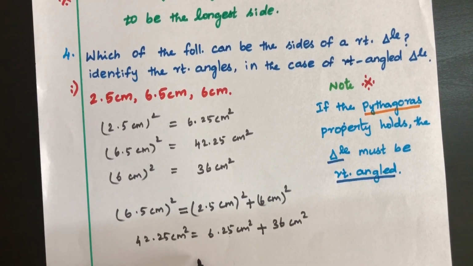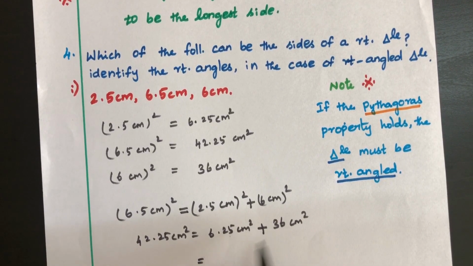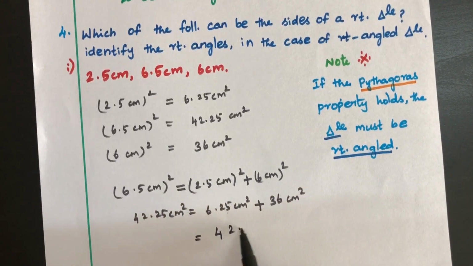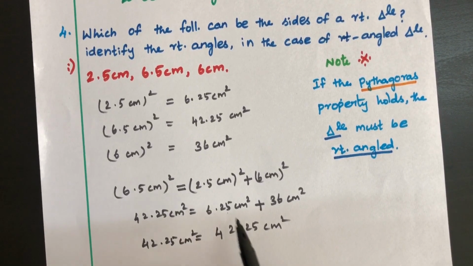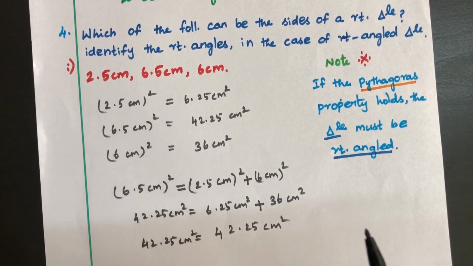If we add these two, what we will get? It will exactly give 42.25 centimeter square. So LHS, left hand side also is the same thing. That means the hypotenuse square is equal to the sum of the squares of the other two sides. So this Pythagoras property holds. So it is a right angled triangle.